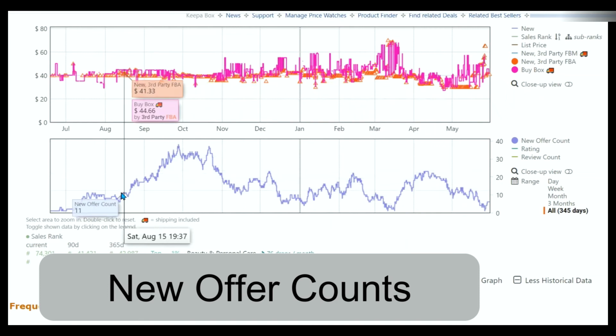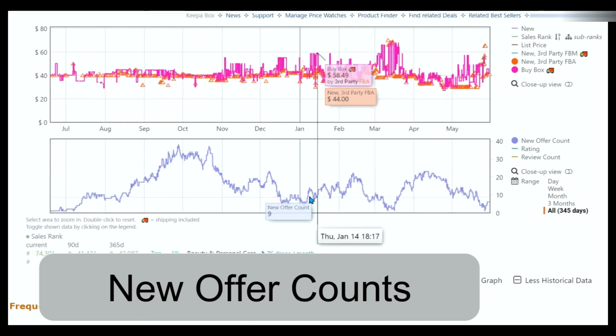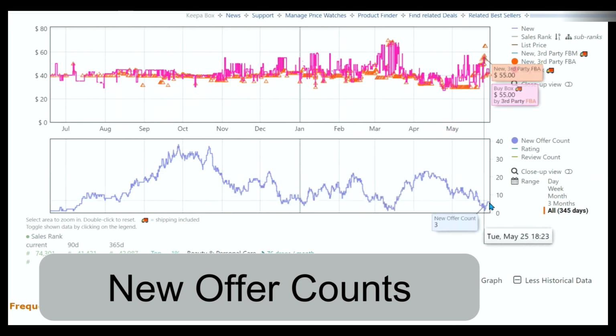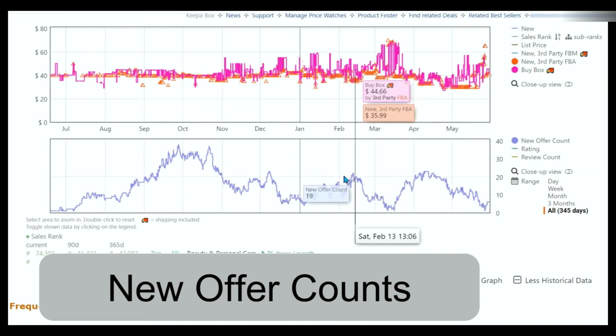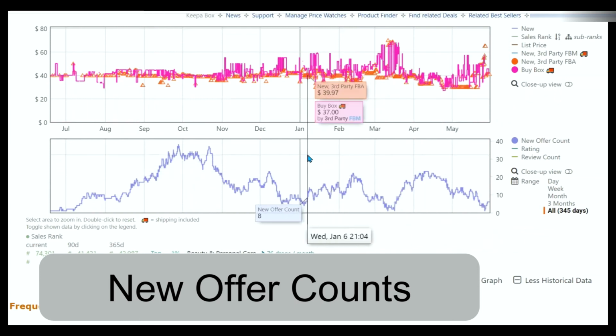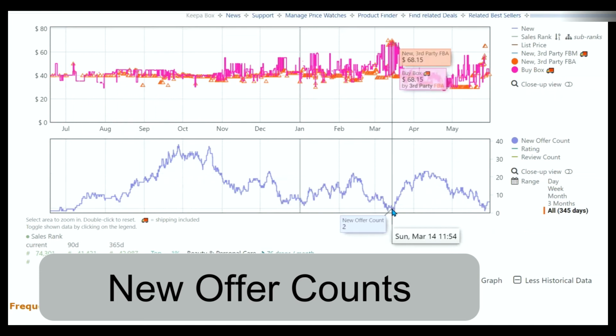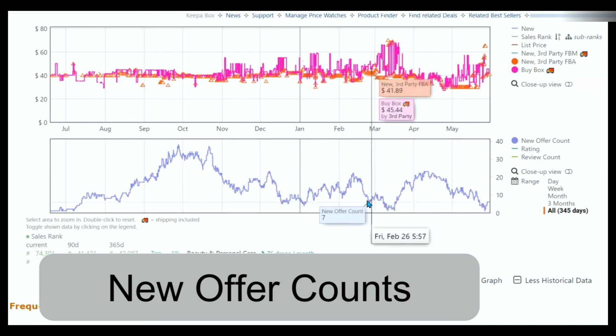There's a lot of sellers that are coming in, and then they're selling out of their products, and so they're getting dropped out. By the time they ship more products in, the prices go up again. And so you can see the volatility is there. You can see that there are sellers coming in and running out of stock, which means they're selling out. So there's a lot of action and momentum and buying going on in this product.